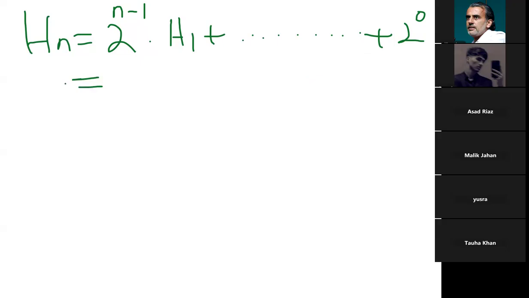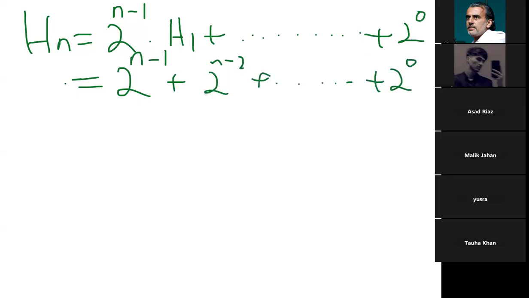H1 is 1, that's our base case. So this becomes 2 raised power n minus 1 plus 2 raised power n minus 2, and these powers go down to 0. Now if you look at the powers, they start from 0 and go up to n minus 1, which means that our index starts from 0 and goes up to n minus 1.